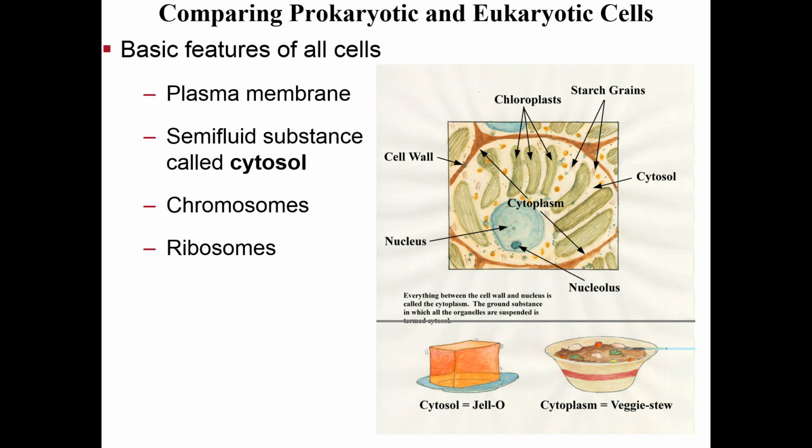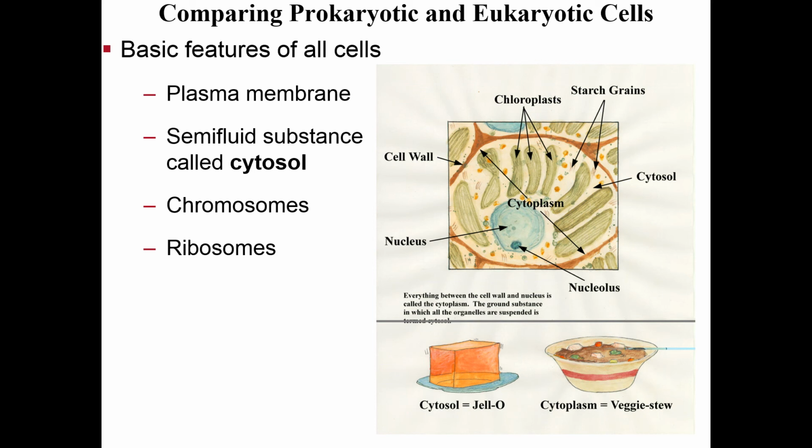Now, one of the things I want you to keep straight is the difference between the cytoplasm and the cytosol. The cytoplasm is basically the area you find inside the cell membrane.